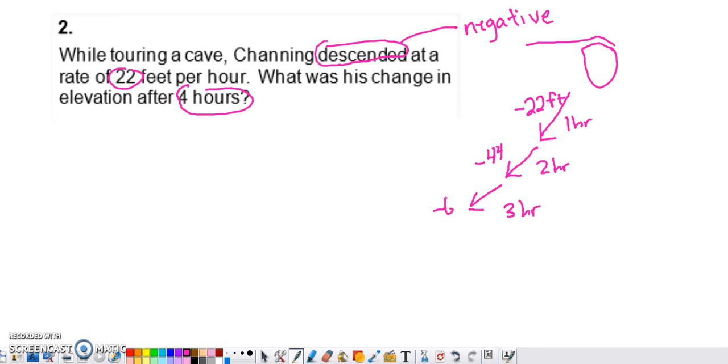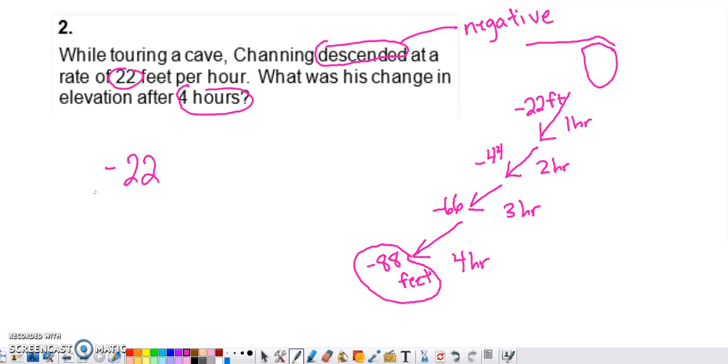I'm going to be at a negative 66, and after 4 hours, I'm going to be at a negative 88 feet. So your final answer for this one is a negative 88 feet, or it could just be negative 22 times positive 4 equals negative 88.